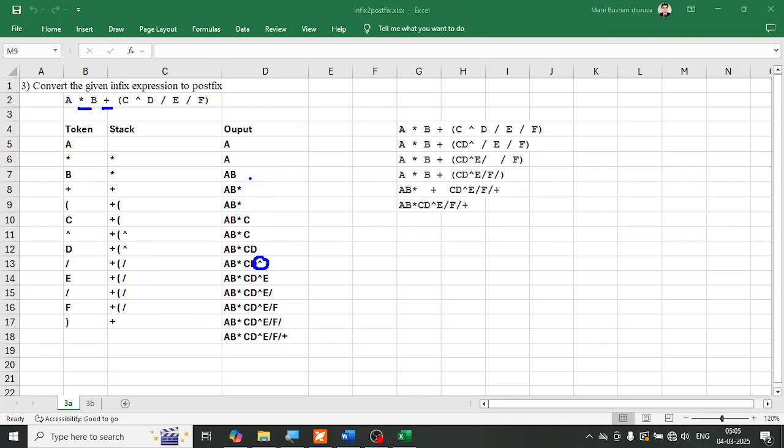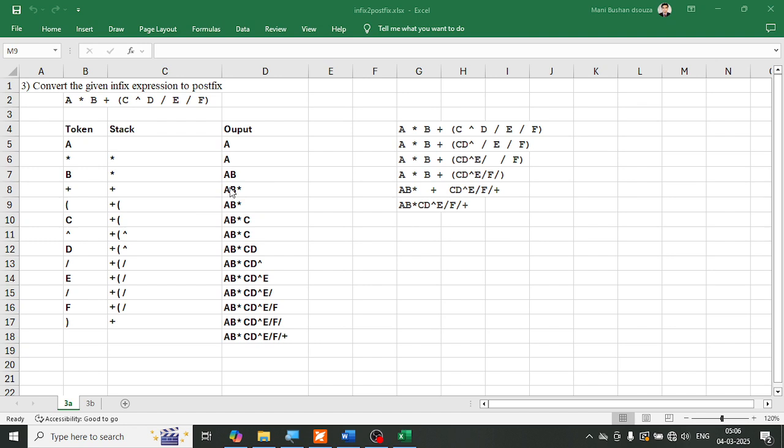So that is the difference. Whatever is given here, you notice all the operators are in between the operands. When you look at the postfix expression, you will notice that they are after the operands. That is what we are supposed to do.